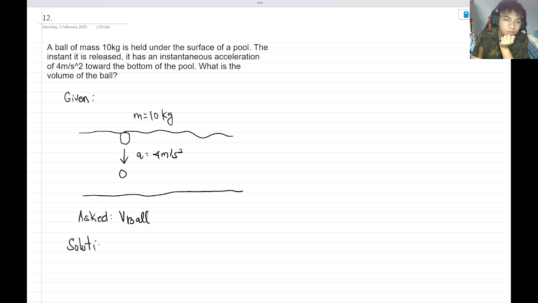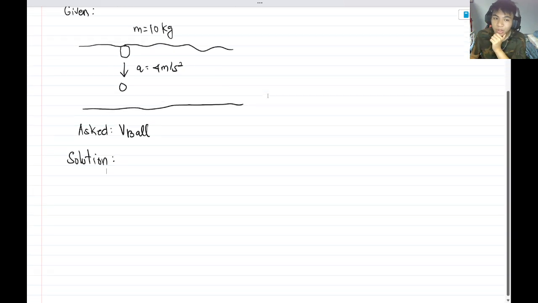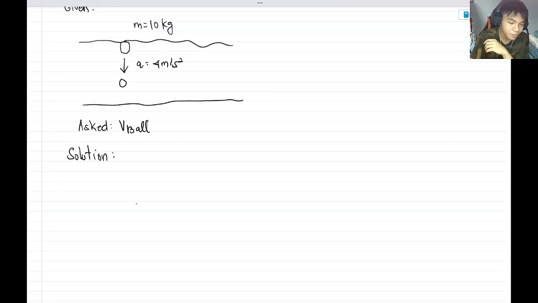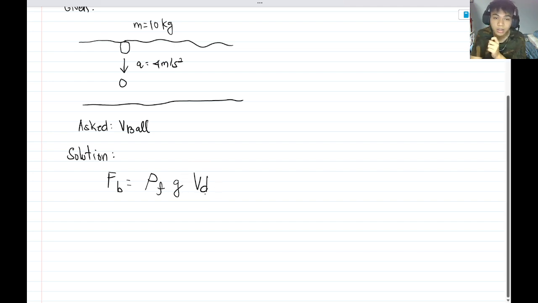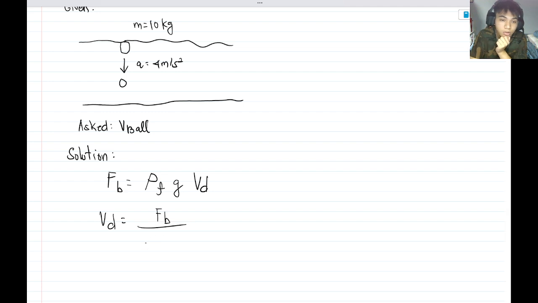Now we can use the principle of buoyancy, where the buoyant force is equal to the density of the fluid multiplied by the acceleration due to gravity multiplied to the volume displaced. So ito ang hinahanap natin. Isolating, the volume displaced would be equal to the buoyant force over the density of the fluid times the acceleration due to gravity.